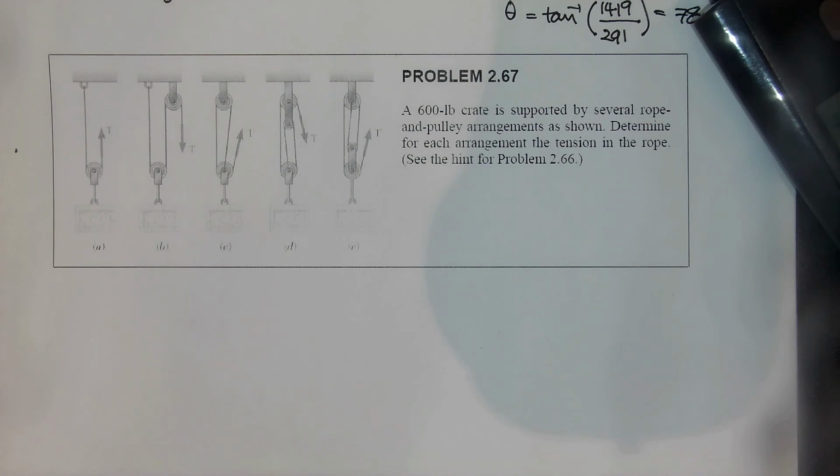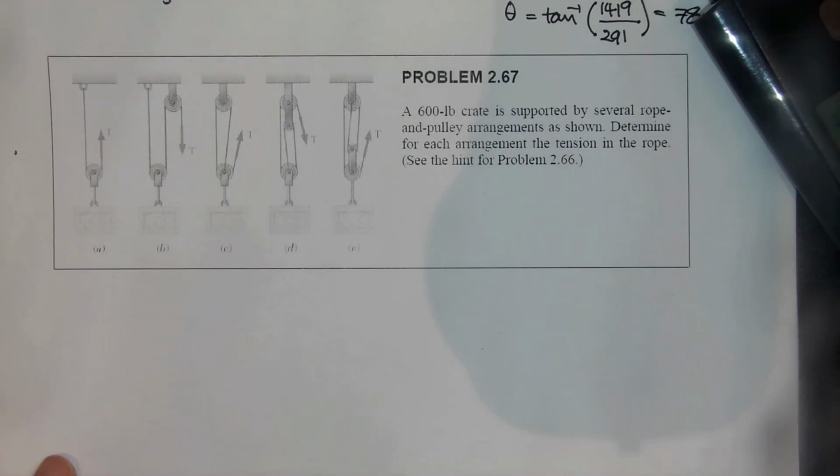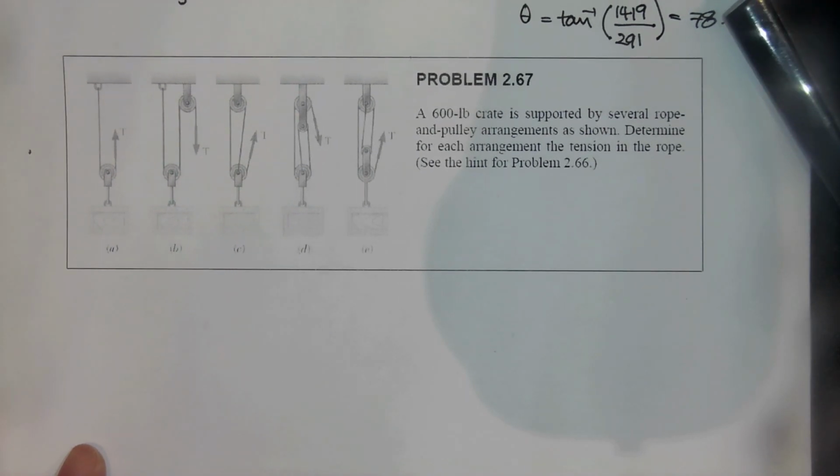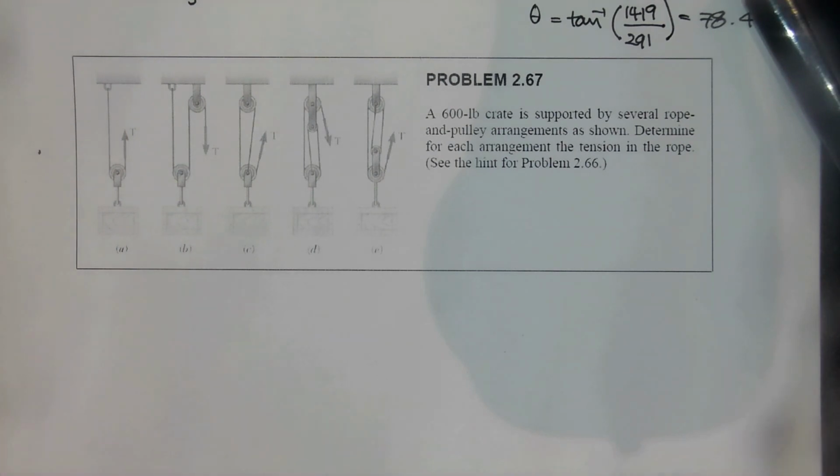I don't think first come, first serve is fair, so A, B, C, D, E, okay, D and E. And actually, to do D and E, we need to know how to do A. So I start with A. So A, D, and E today, and then B and C in discussion section.